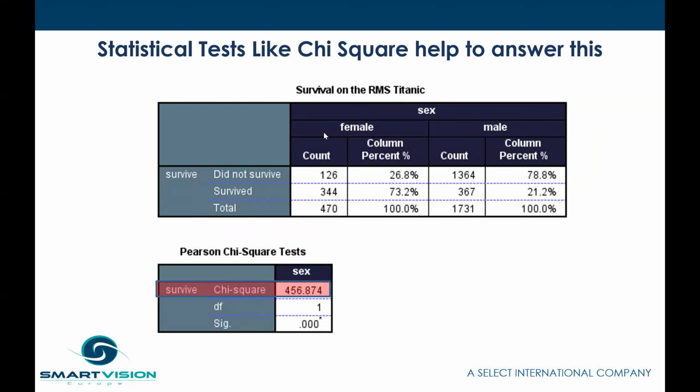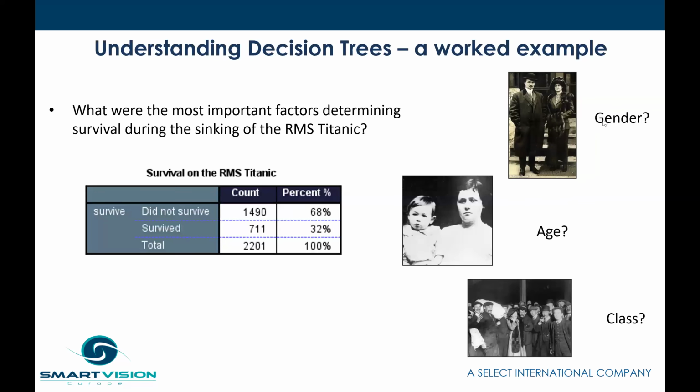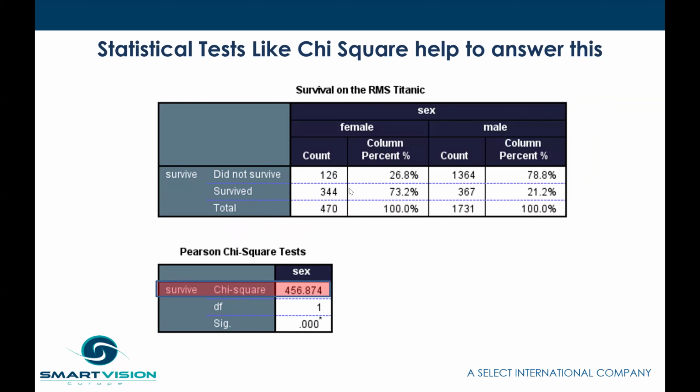So here's the gender variable, the sex variable, males and females. We've got a little crosstab, and we can see that 26%, let's say 27%, of females did not survive, compared to 78.8% of males, nearly 79% of the men did not survive. So quite a big difference there.